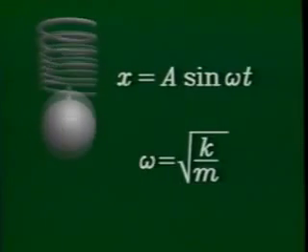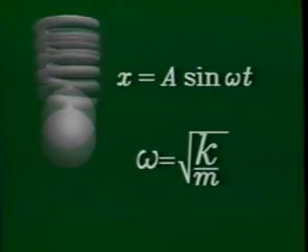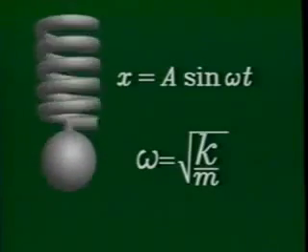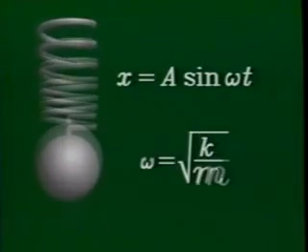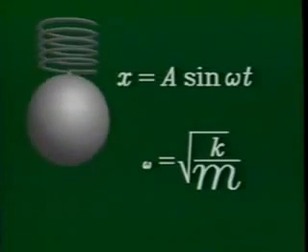For the mass on a spring, the angular frequency is equal to the square root of k over m. The stiffer the spring, the higher the frequency. The greater the mass, the lower the frequency.